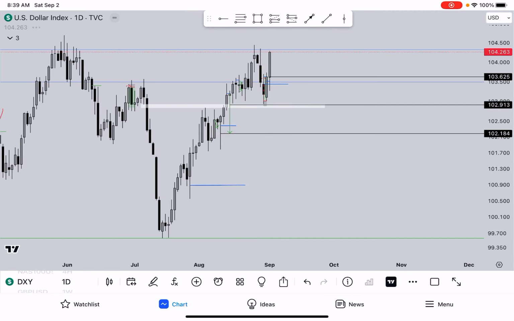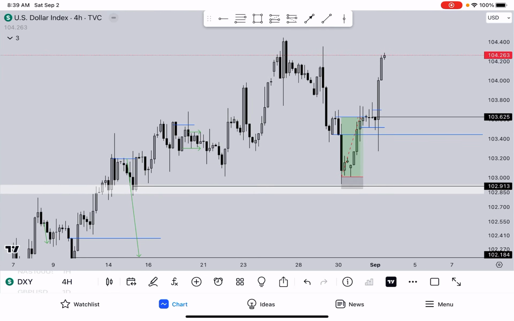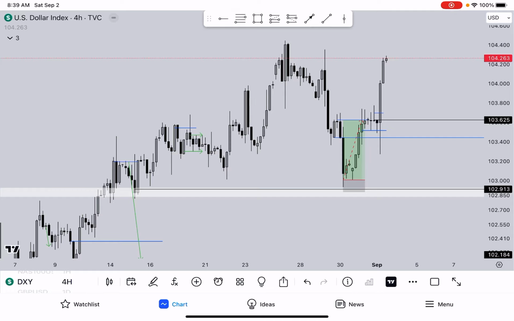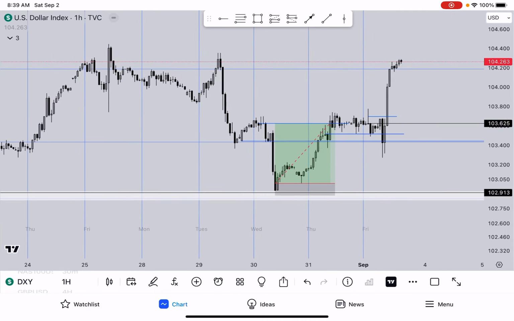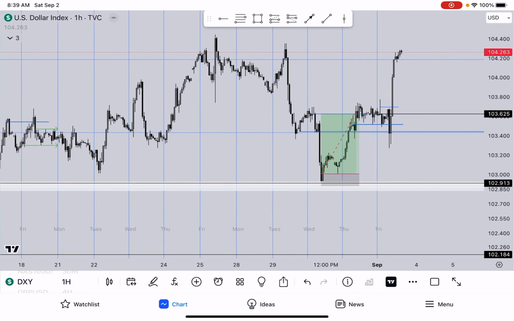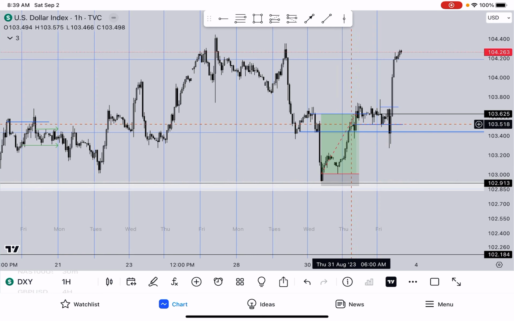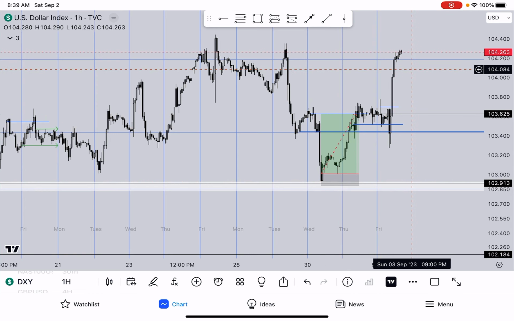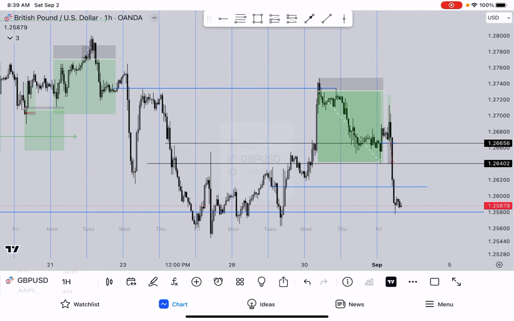Actually, let's look at the Dixie just so we can see how GBP USD worked out. So we have this here on the bottom, rejection, bullish momentum again. So that's why we get what we saw with GBP USD.